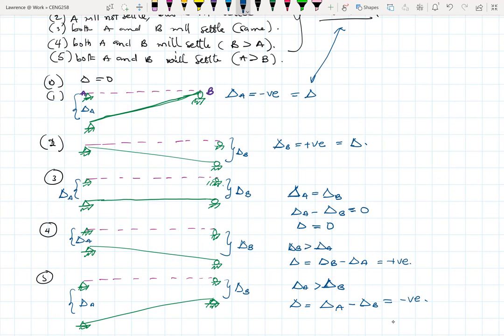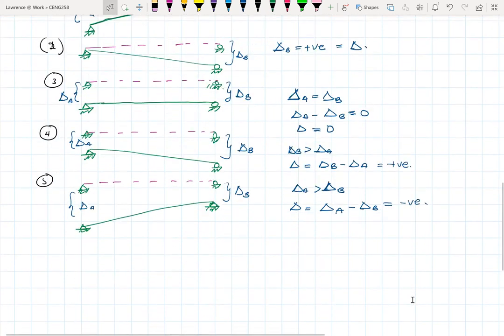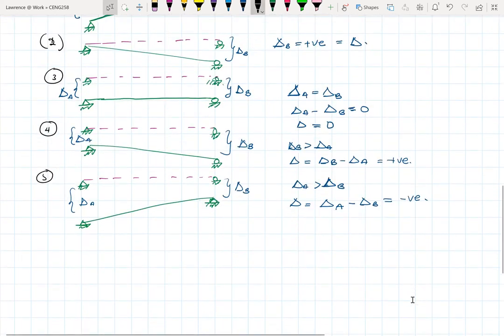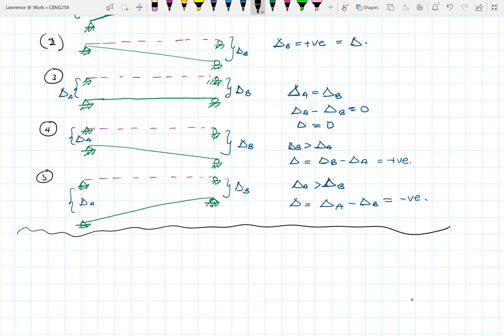Okay, so now let's see how we can formulate an equation for the moments MAB and MBA for this particular structure. Whatever I wrote at the top is just to help us understand what the relative displacement is.